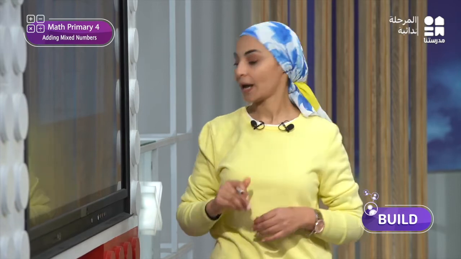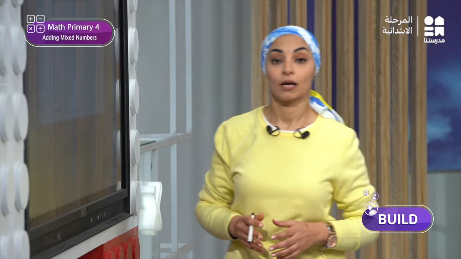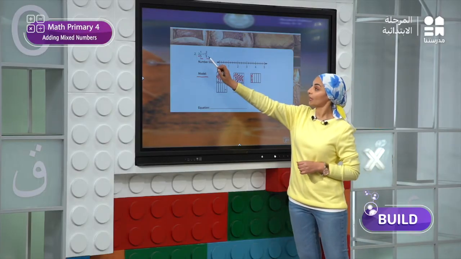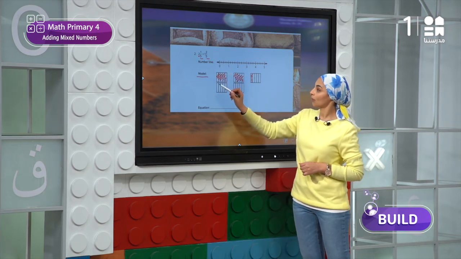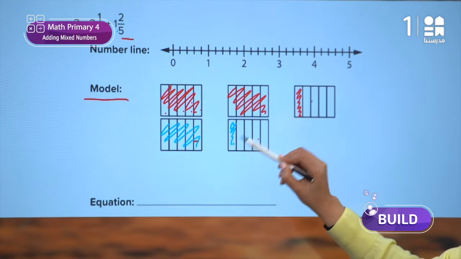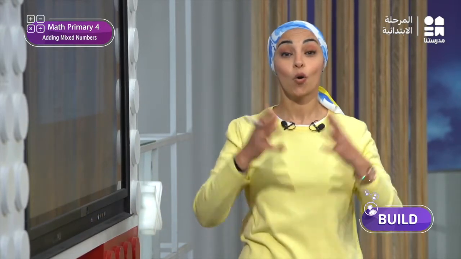Now let's see 1 and 2 over 5. I will color it with another color, the blue color. Okay, so I need to color 1 whole and 2 over 5, so I will color 2 parts here out of 5 in blue. Okay, now to calculate the outcome or the answer, we will count the whole models.